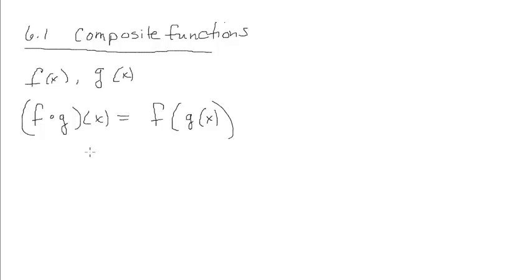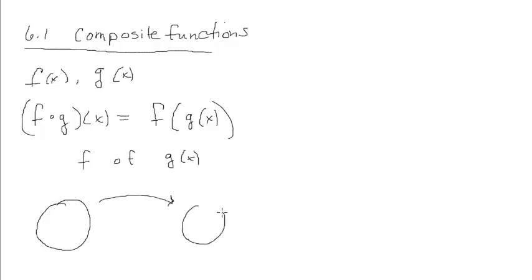And that's exactly how it's read, f of g of x. Now the domain of f of g is the set of all numbers x in the domain of g such that g of x is in the domain of f.